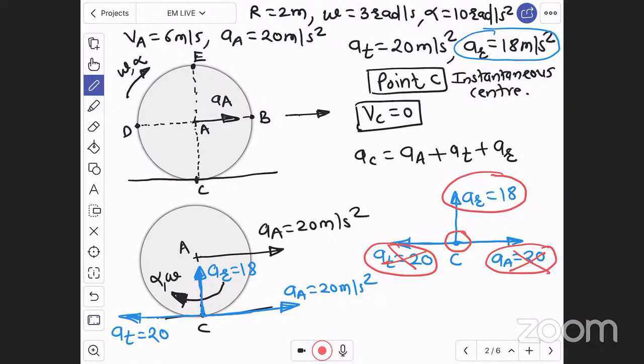So, my dear students, a very important note I am going to dictate here. For instant center, velocity is 0, but total acceleration is radial acceleration. Very important note. Remember this note.